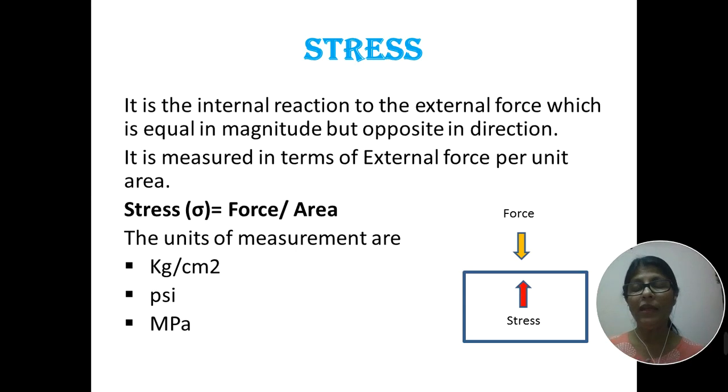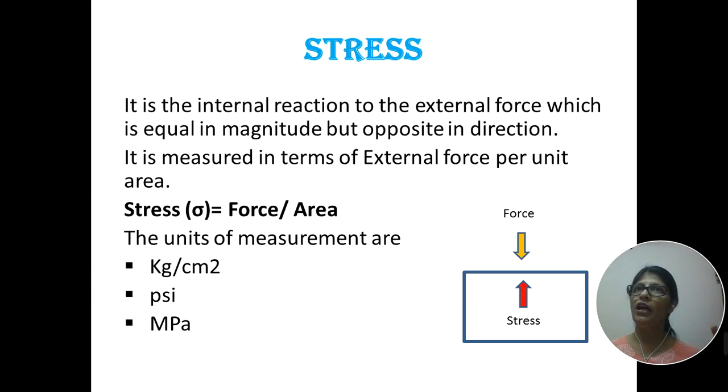Now you cannot measure the internal resistance. So you can measure the external force, because already in the definition we have seen that it is equal in magnitude. So while measuring the stress, we can measure the external force per unit area. So stress is measured as force upon area, and the units of measurement are kilogram per centimeter square, pounds per square inch, and megapascals.